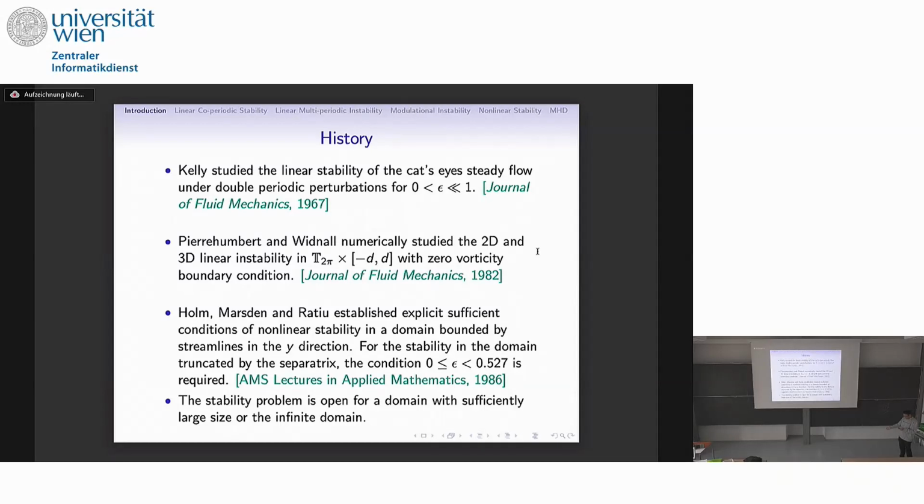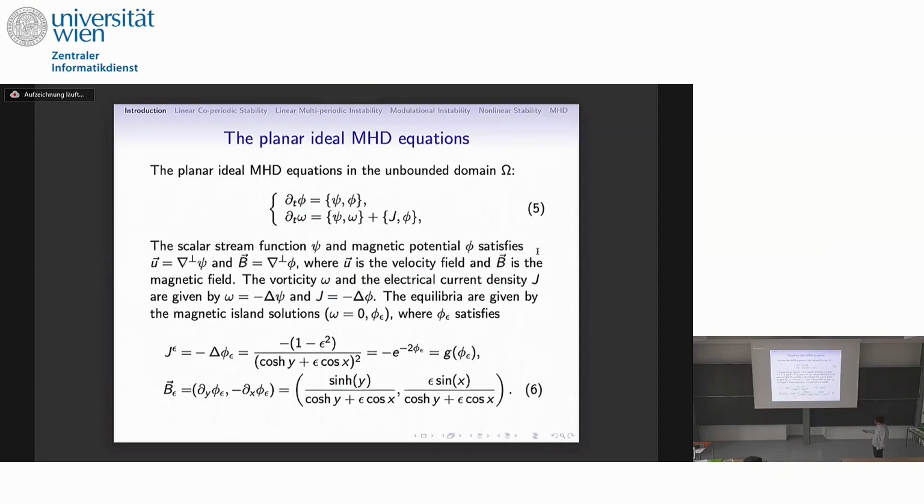It's some kind of sufficient condition they need to impose. So in other words, the stability problem is still open for the original domain or for a domain with a sufficiently large size.